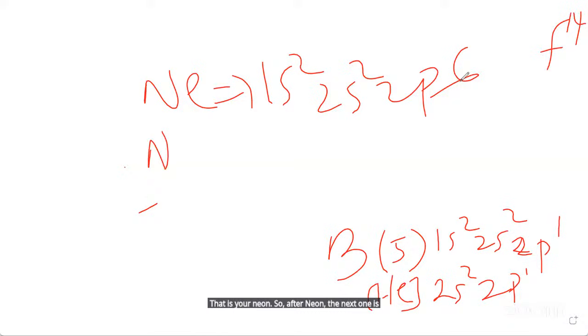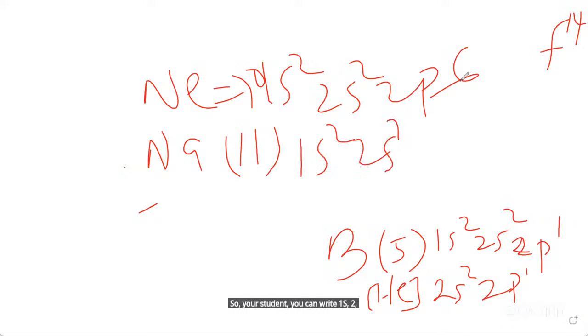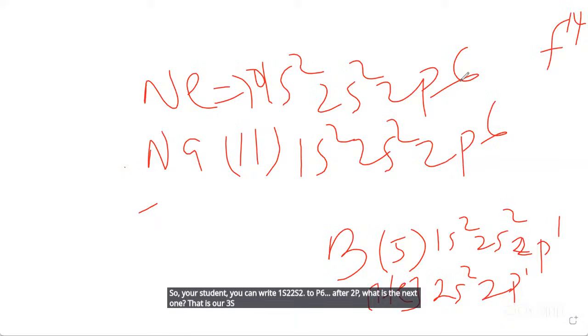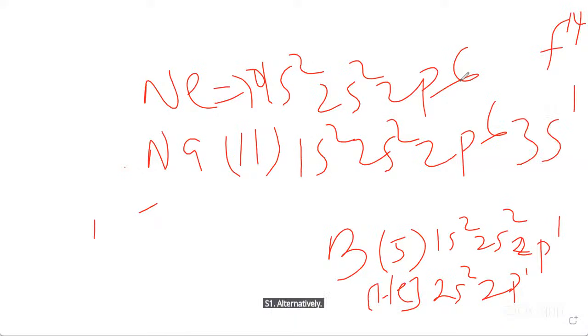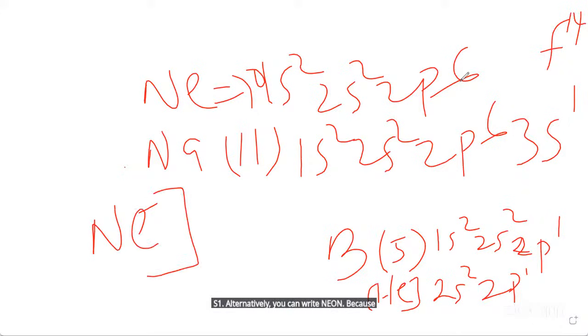Sodium. Our sodium is 11, because our neon is 10. So for sodium, you can write 1s2, 2s2, 2p6. After 2p, the next one is 3s. So we have 3s1. Or alternatively, you can write neon, because it's completely filled, 3s1.